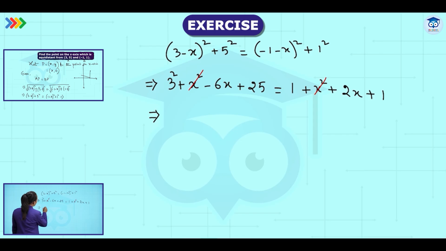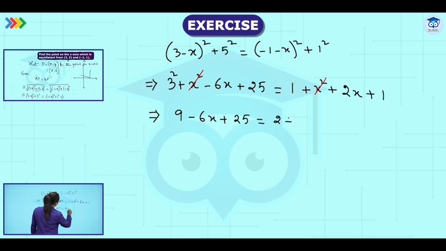So now we are left with 9 minus 6x plus 25 equals 2 plus 2x. The x terms we can bring together on one side. So let's move this to the right hand side. We have 9 plus 25, that is 34. Bring this here, so minus 2.